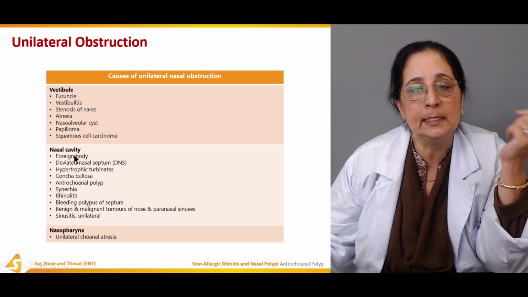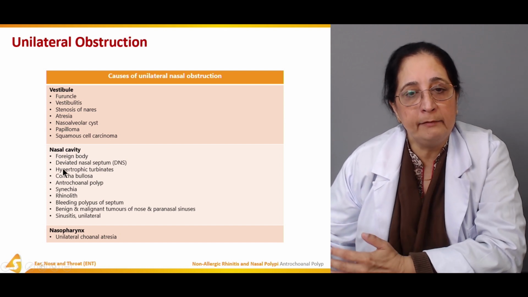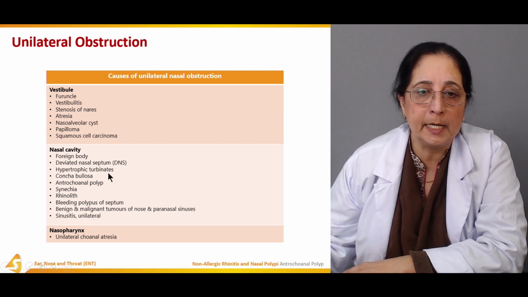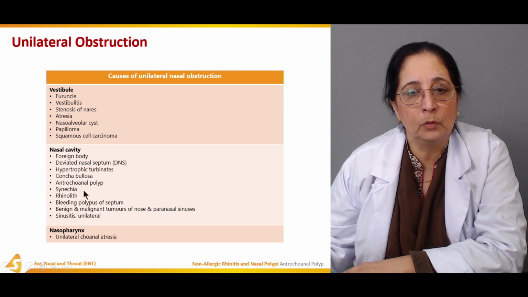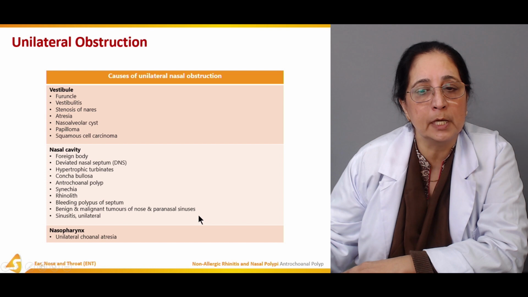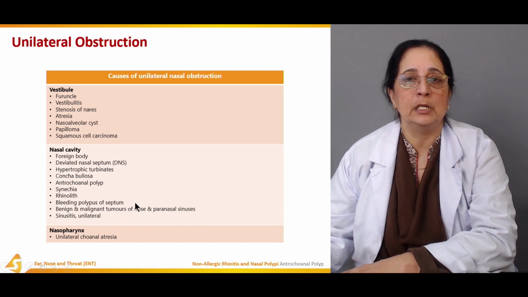Then in the nasal cavity, the causes might be foreign body, deviated nasal septum, hypertrophic turbinates, concha bullosa, antrochoanal polyp, synechia, rhinolith, bleeding polyps of septum, benign and malignant tumors of nose and paranasal sinuses, unilateral sinusitis.